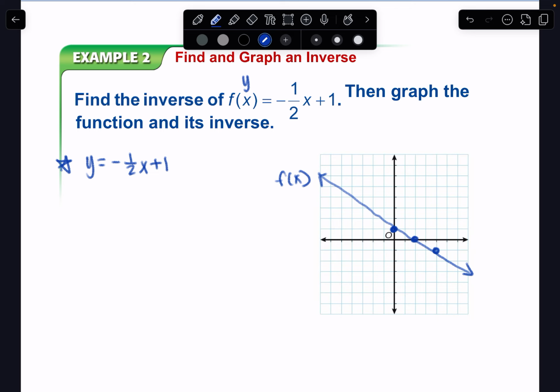In order to find your new function, you have a process of how to change your actual equation. So what your steps look like: your first step is going to be, I don't want to say changing, I'll say swapping. That makes more sense.